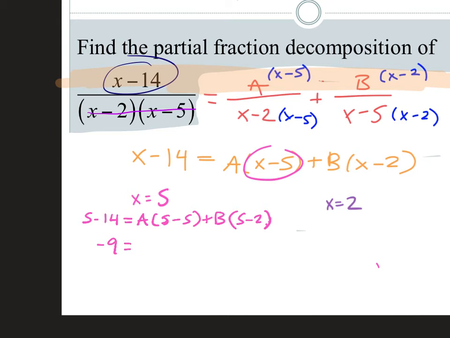What is 5 minus 5? 0. So what happens to the A? Cancels. We get rid of it. And then we have B times 5 minus 2, so this would be 3b. What do we need to do to solve for b? Divide by 3. So what do we get for b? -3.